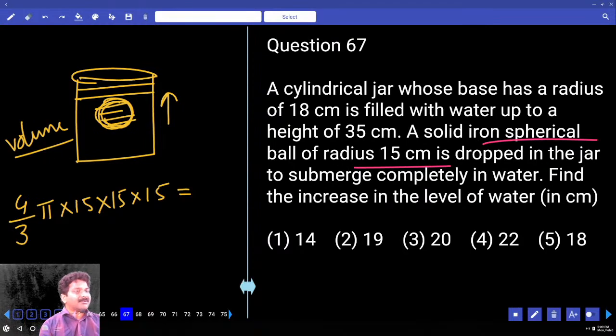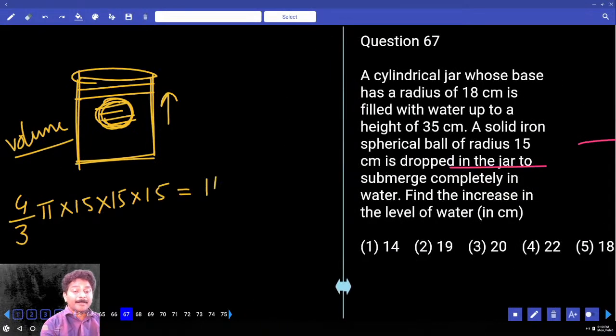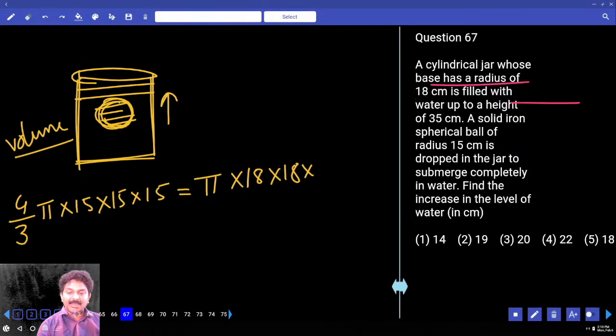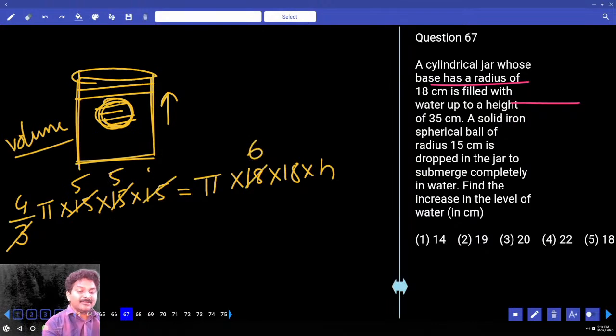So here also for the cylinder we have to consider volume. Volume of the cylinder, pi r square h. For cylindrical jar, radius mentioned as 18. Yes? Now cancellation: 3 fives, 3 fives, 6 times, 3 fives, 6 times.